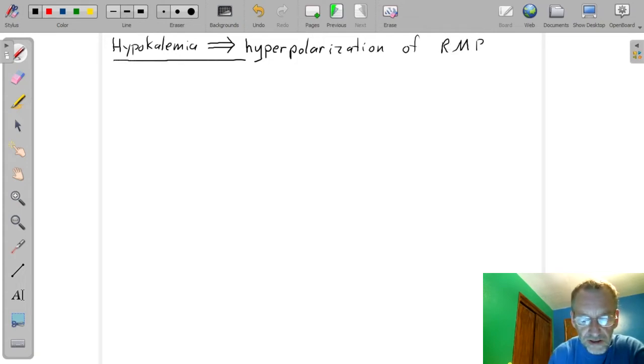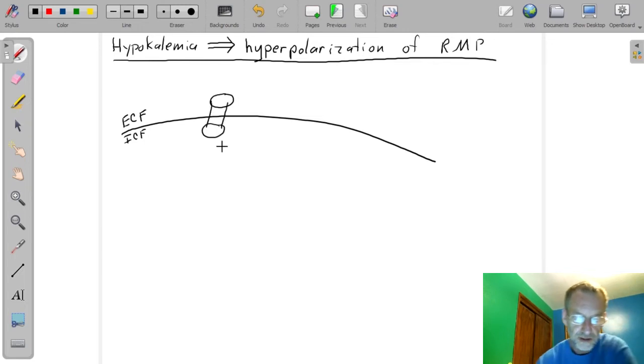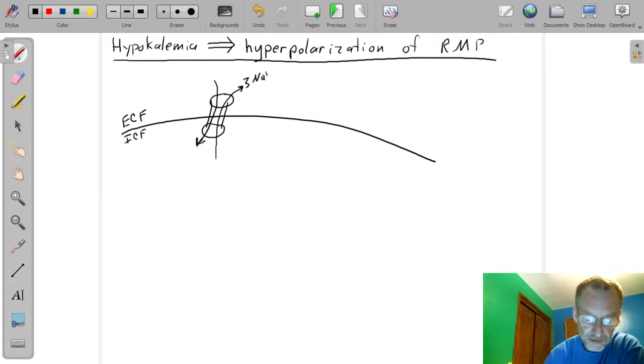So let's draw another cell membrane. Something like that, it's good enough. Again, get ourselves oriented, extracellular side, intracellular side. And I'll throw in a sodium-potassium pump just so that we remember it's still there, pumping ions mindlessly all the time that you're alive.